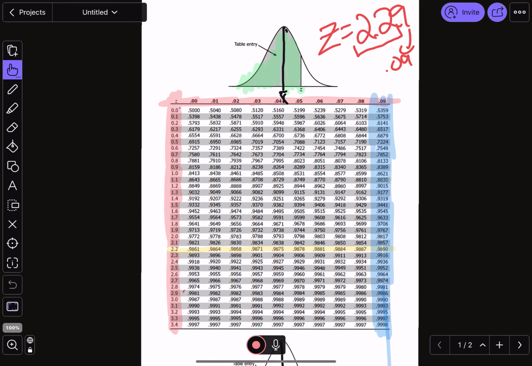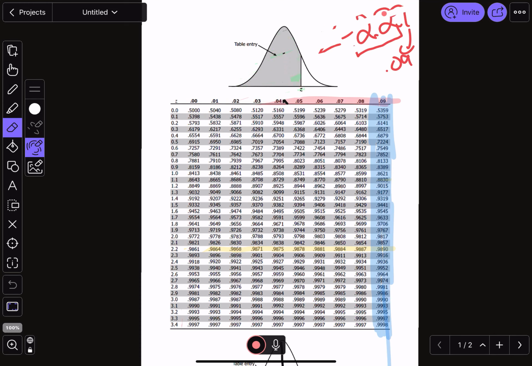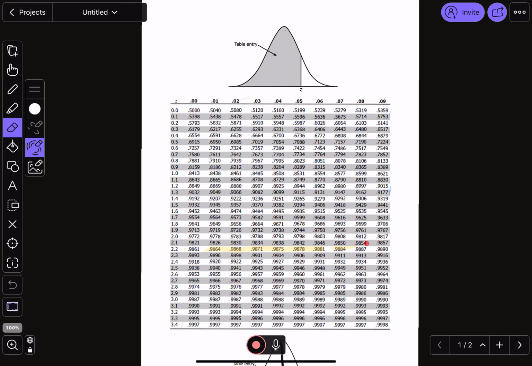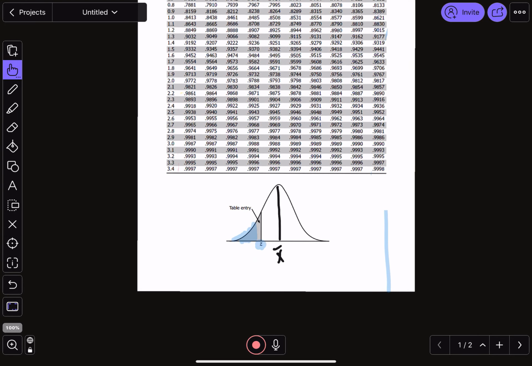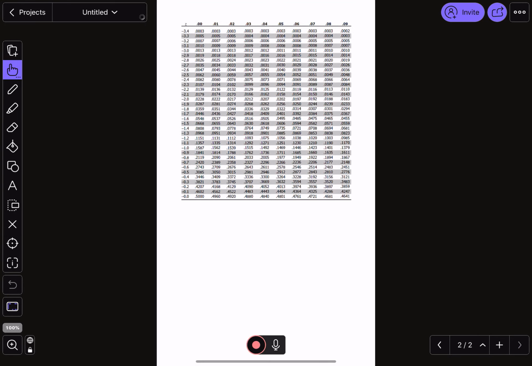All right, now we need to go to our chart and find a z-score for negative 1.71. Okay, so let's erase this. Since it's negative, you do not see any negative numbers on here. The first z-score that we're finding, remember, was to the left of the mean, to the left of the middle. So it's going to look like this one, so we need to use this other side.